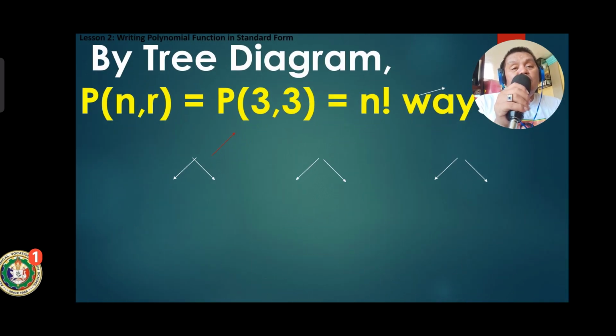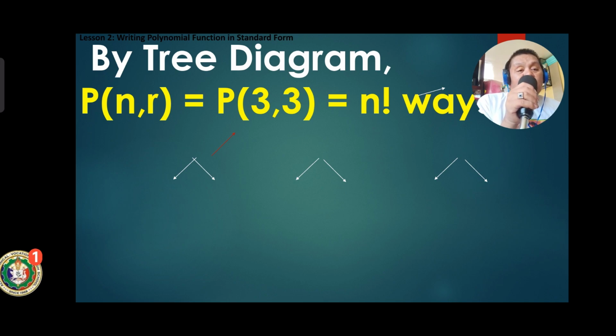So using now the tree diagram, we have permutation of 3 letters taken 3 letters at a time.